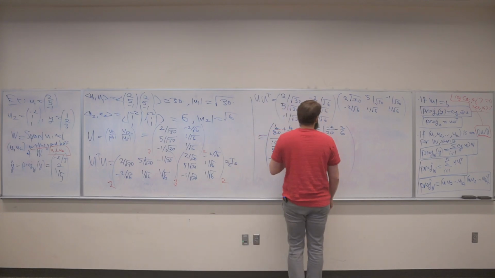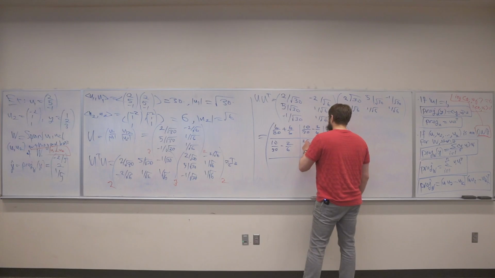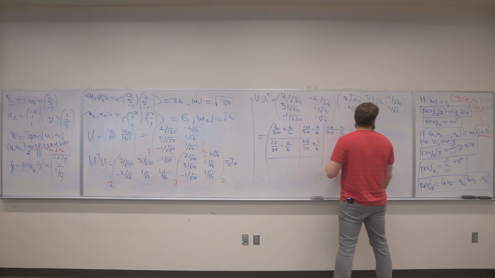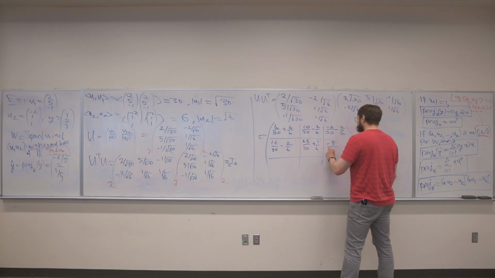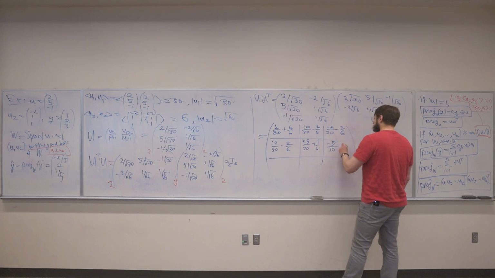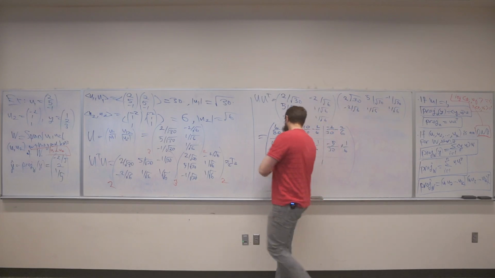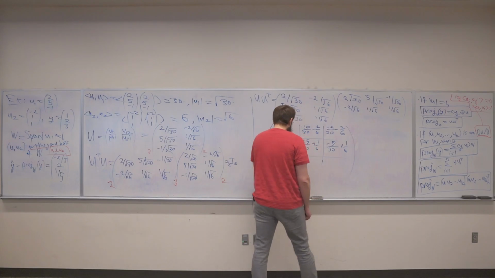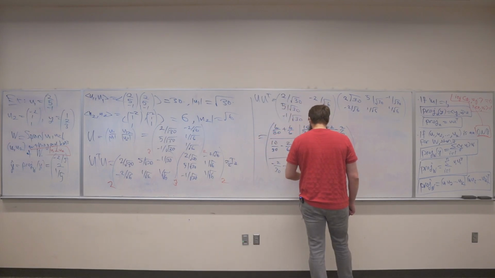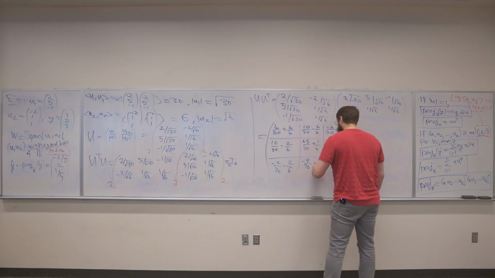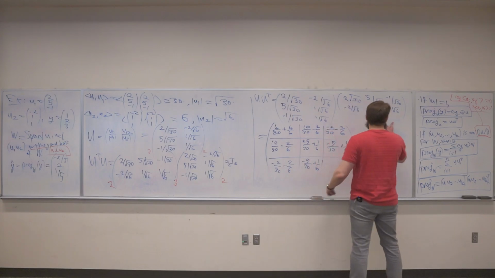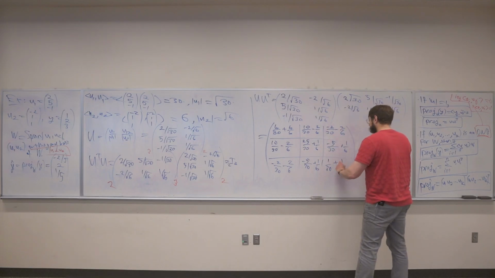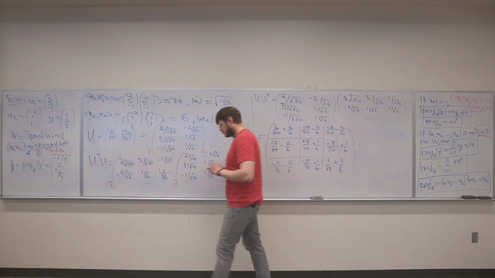Minus 2 over 6, 25 over 30, plus 1 over 6, minus 5 over 30, plus 1 over 6, minus 2 over 30, minus 2 over 6, minus 5 over 30, plus 1 over 6, and then finally I have 1 over 30 plus 1 over 6.